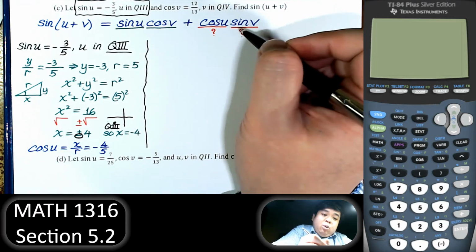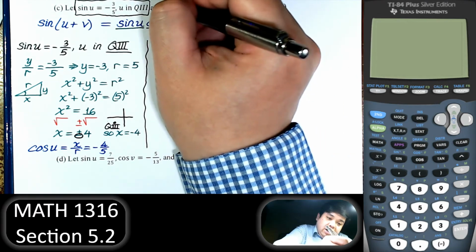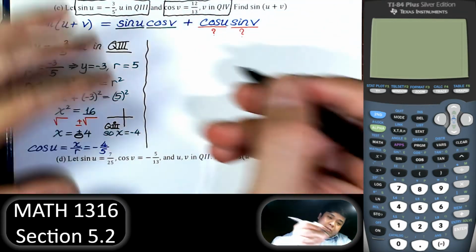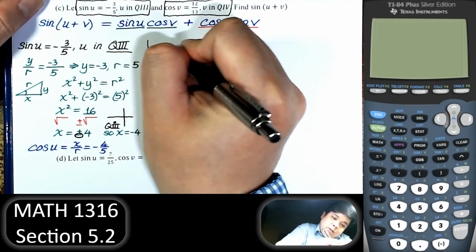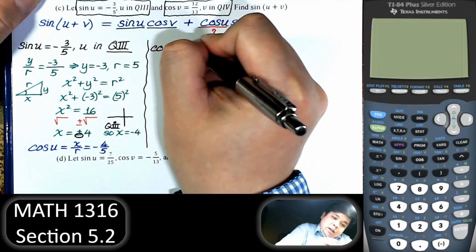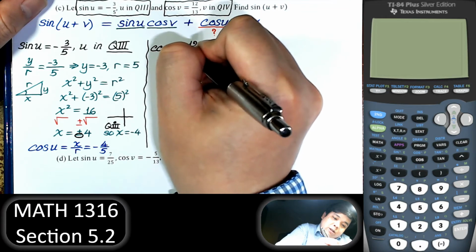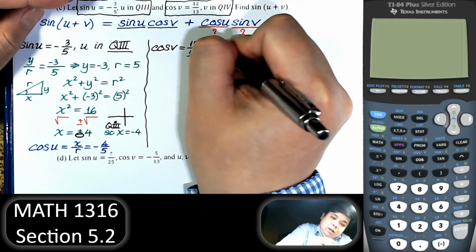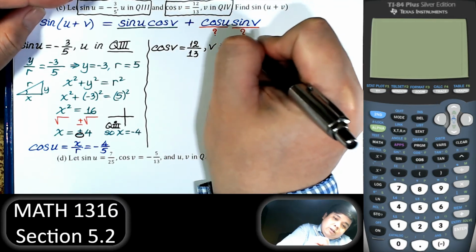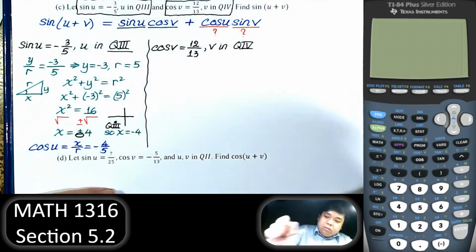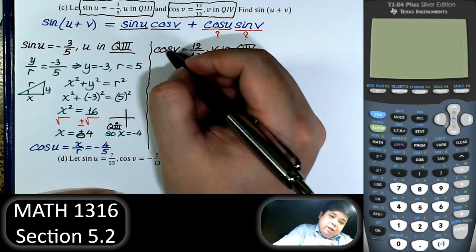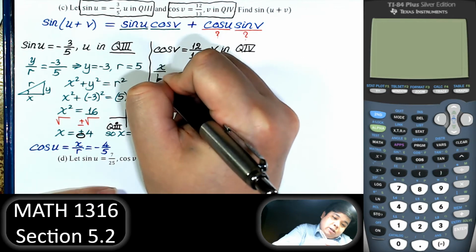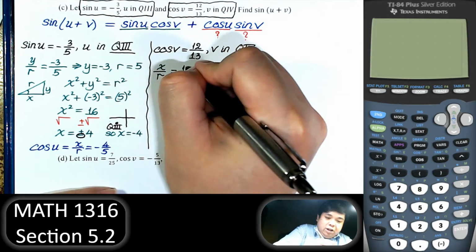Now same thing, we'll find sine of v based on the information we know about v. Cosine of v is 12 over 13, and v is in quadrant 4. Cosine of v is x over r, equal to 12 over 13.